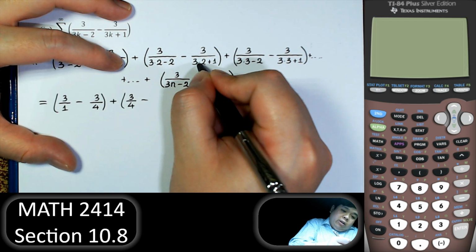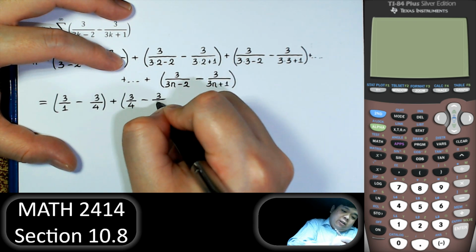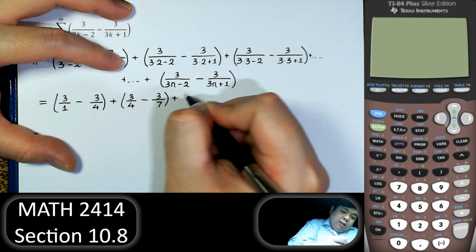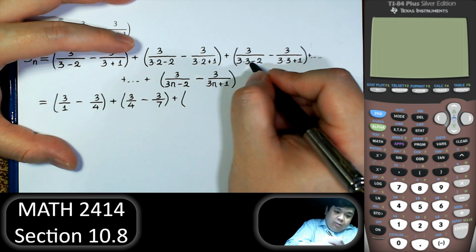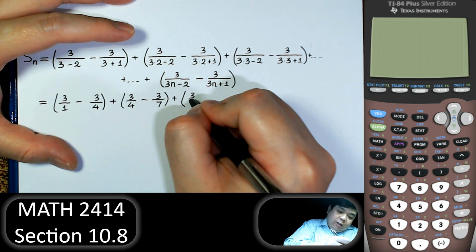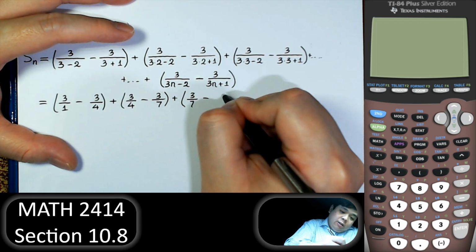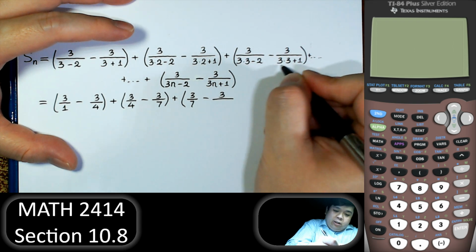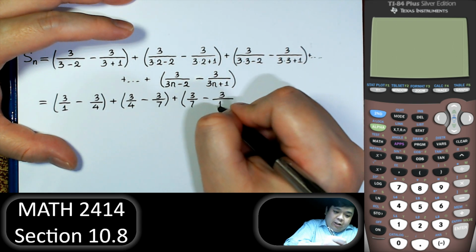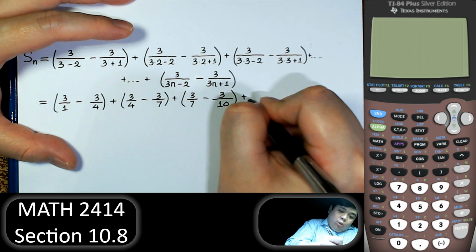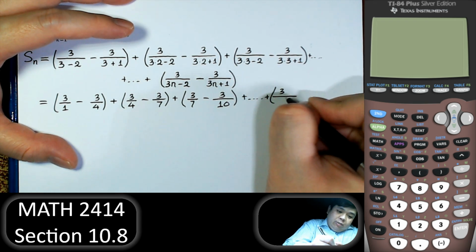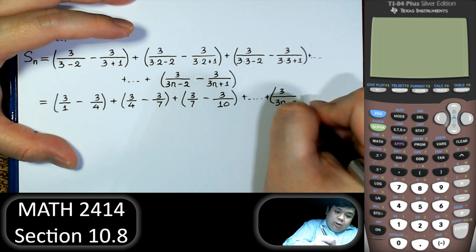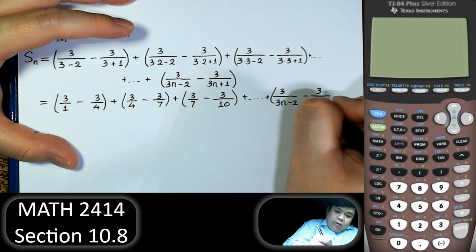And then 3 over 7. Next one, 3 over 7, 3 over 10. All the way to 3 over 3n minus 2 minus 3 over 3n plus 1.